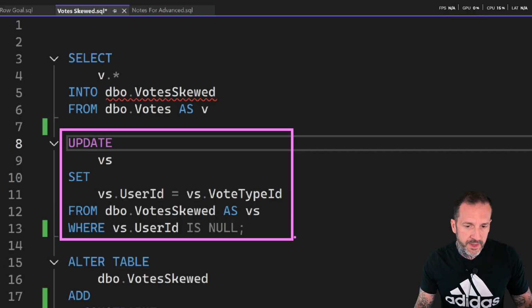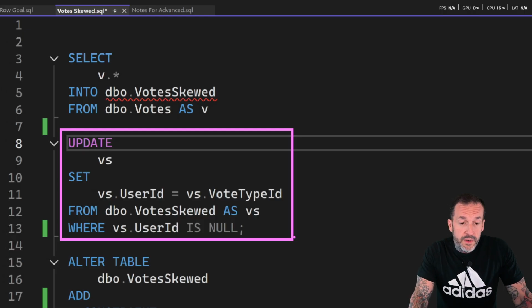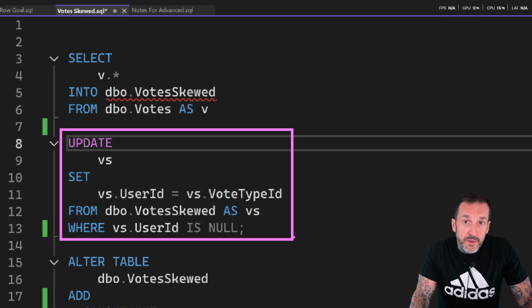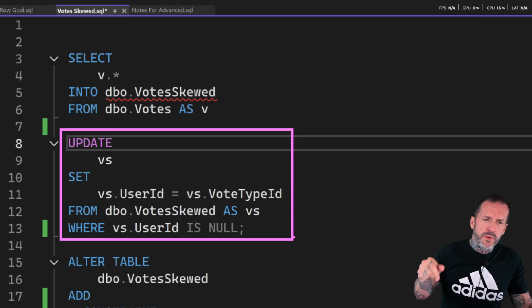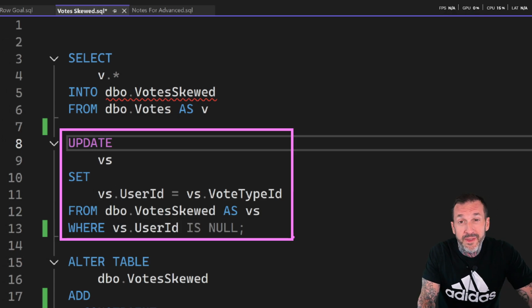So there are some of them populated. So what I did was I set all of the null user IDs, which is the majority of the table, equal to the vote type ID that is in the vote type ID column. And there are not too many vote type IDs. They're mostly upvotes and downvotes. There are a few other ones, but they're not terribly interesting, nor do they comprise much data in the table.